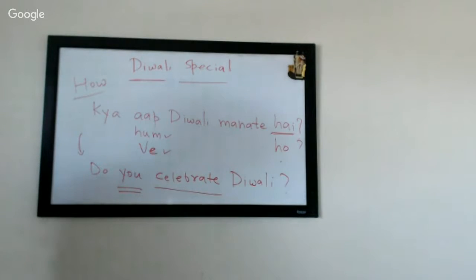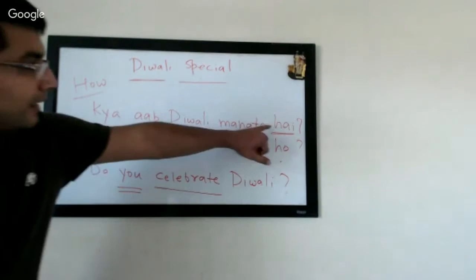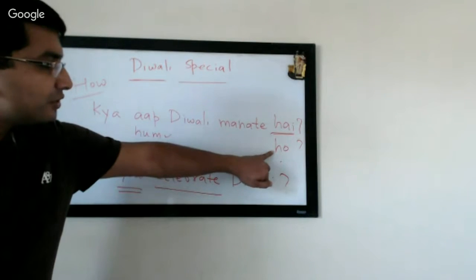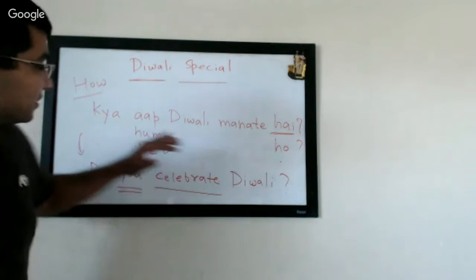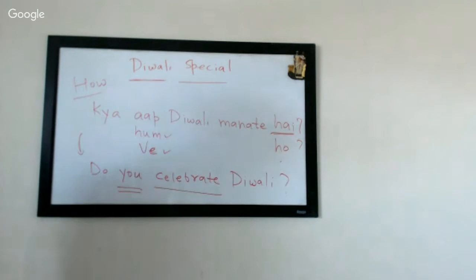That's why I keep it consistent and use hai. But even if you're using ho, that's right as well. So क्या आप दिवाली मनाते हो versus क्या आप दिवाली मनाते हैं? Both of them are correct. Yes, that's right.